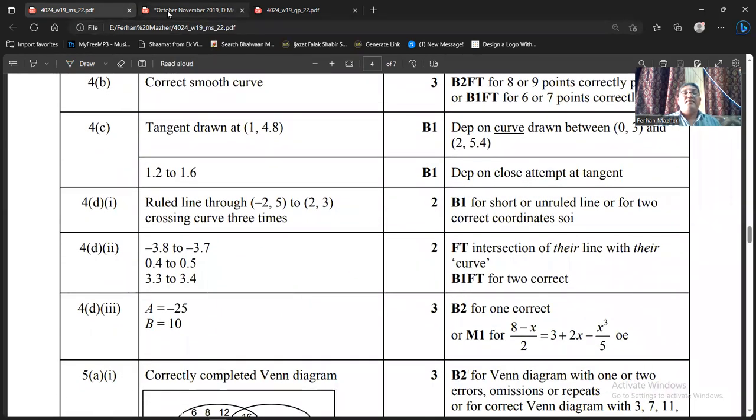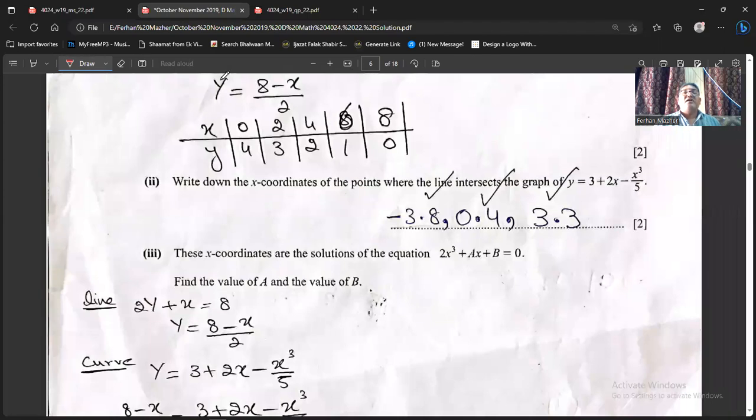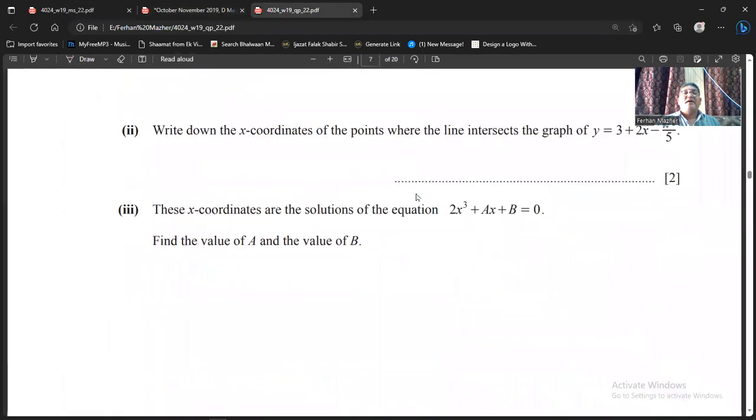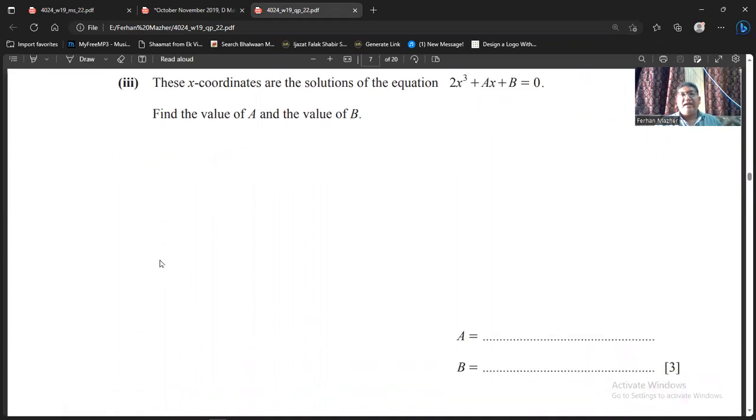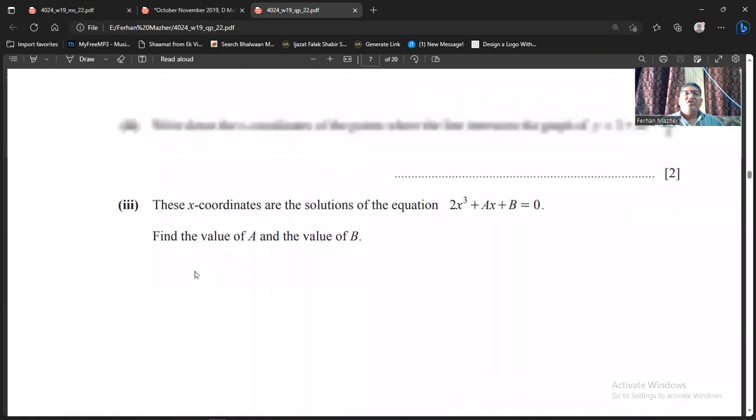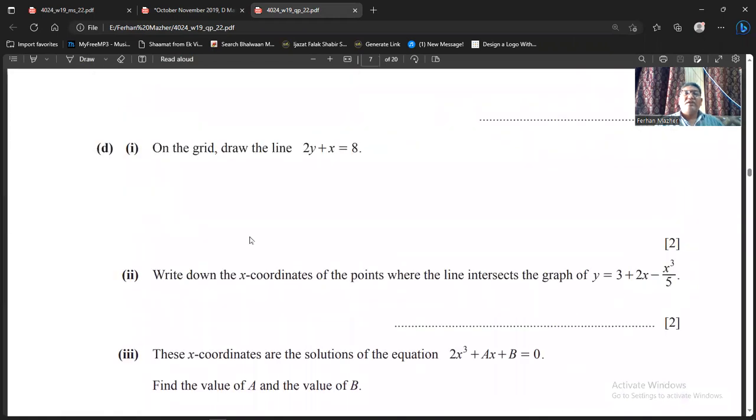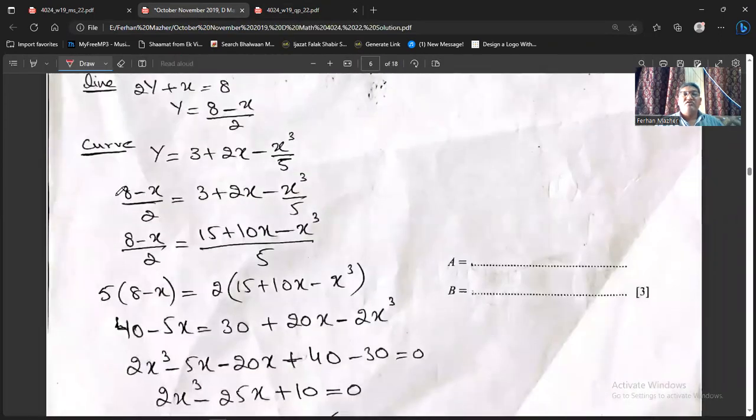Okay. Then he says, these x coordinates are the solution of the equation 2x cubed plus ax plus b equals 0. Find the values of a and b. So what we will do, we know the equation of the curve, we know the equation of the line, so we will make their y equal to each other.